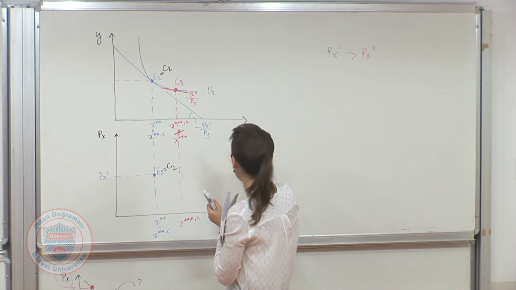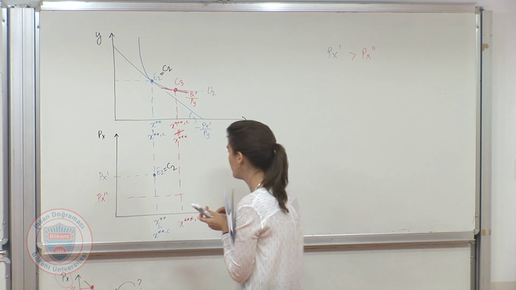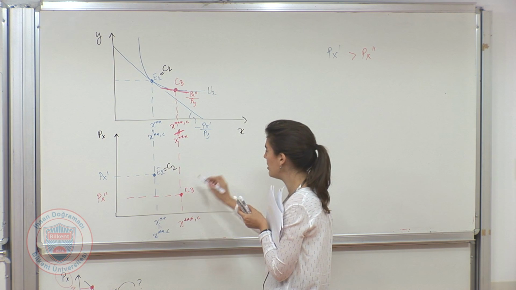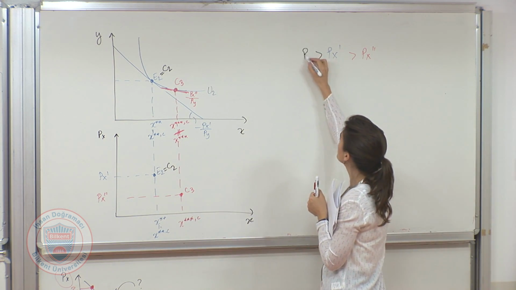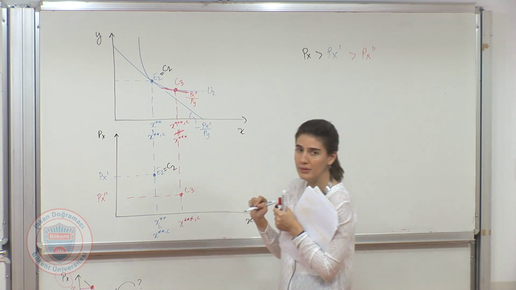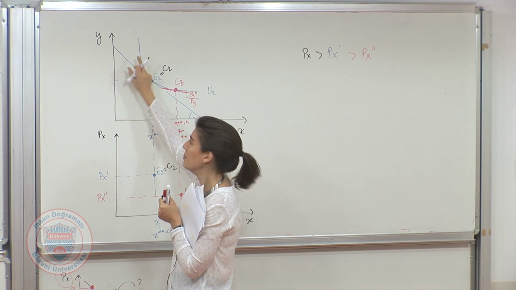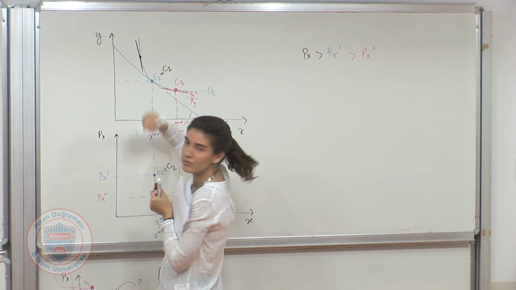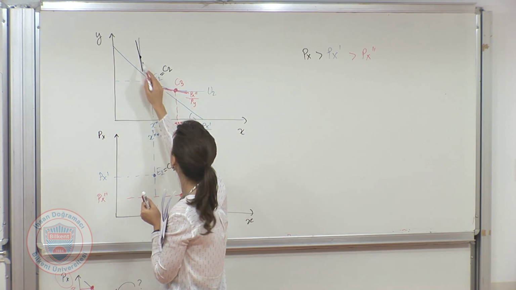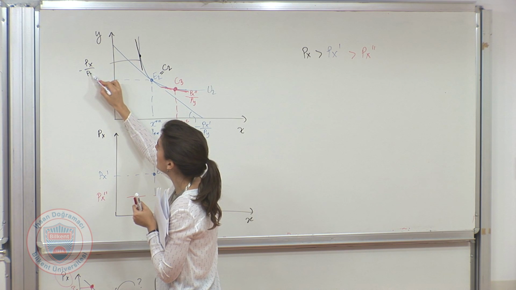So this is going to be the case when we have an even lower demand curve, okay? And I'm going to call this C3. And then suppose I increase the price of X, what's going to happen? I want the guy to be again on this indifference curve, but now there's a new price ratio, which is here, minus Px over Py.